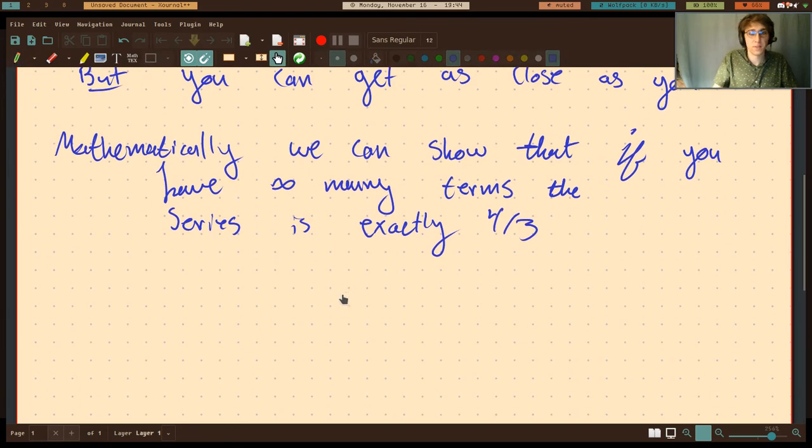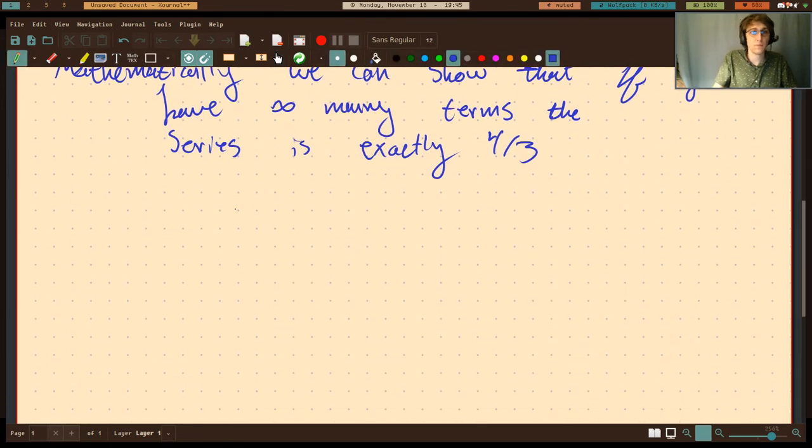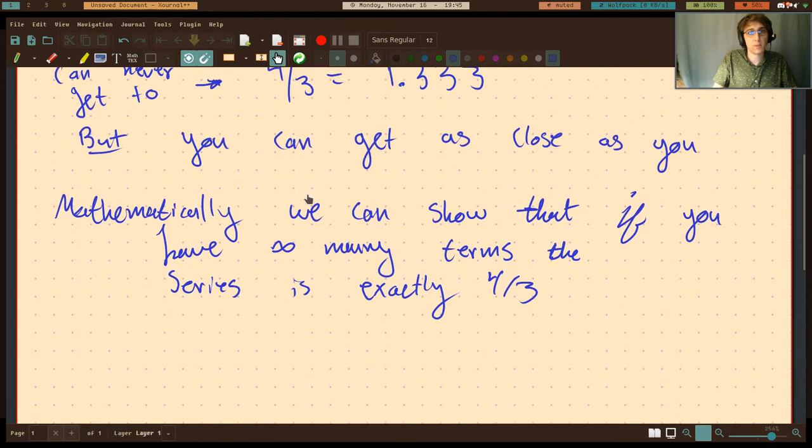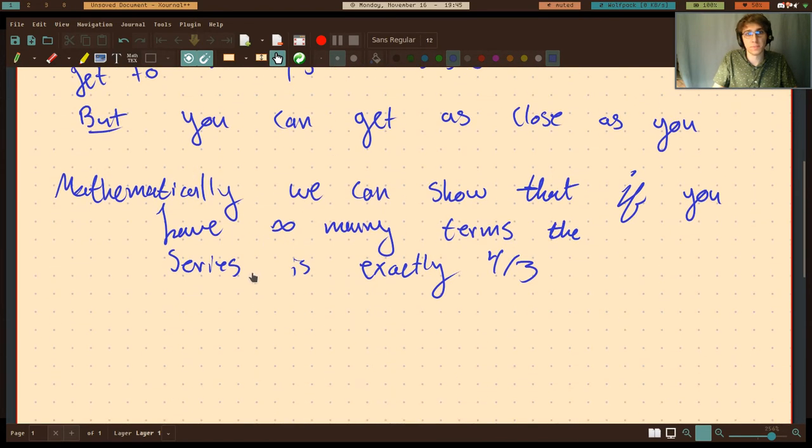Okay, it's exactly equal to 4/3. And we can use tools, mathematical tools, to show that that's true.